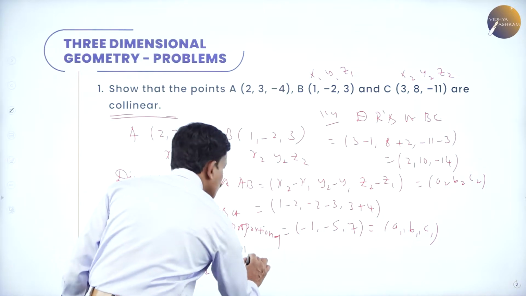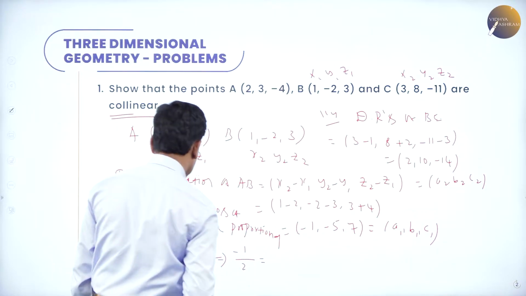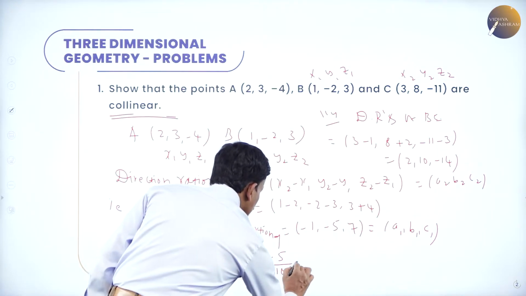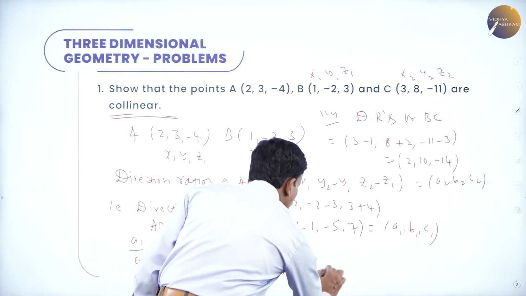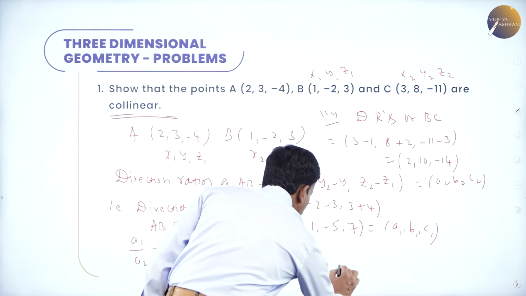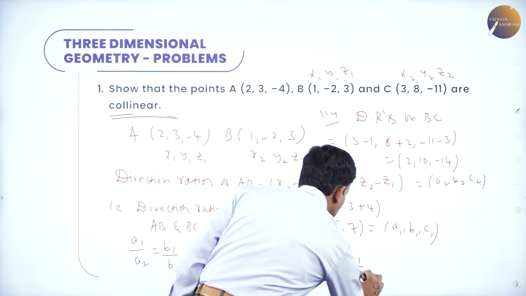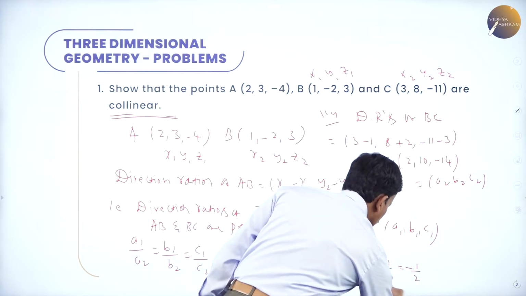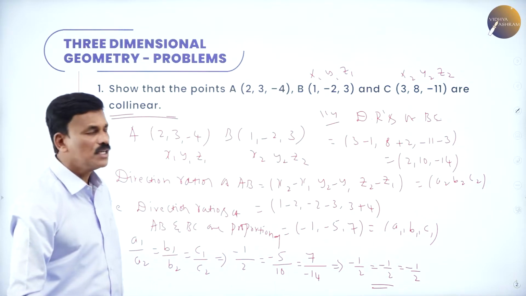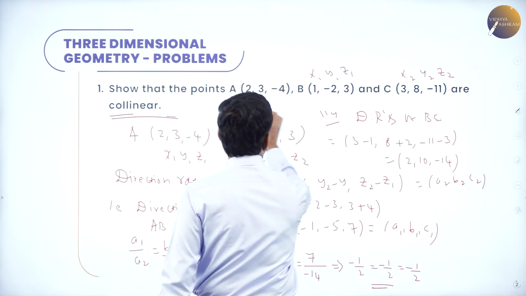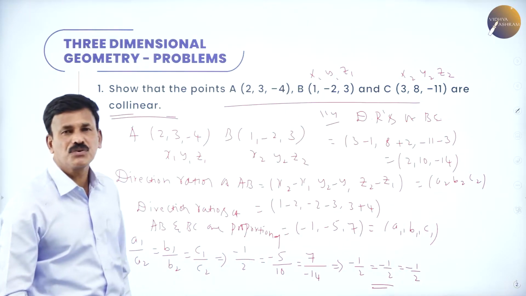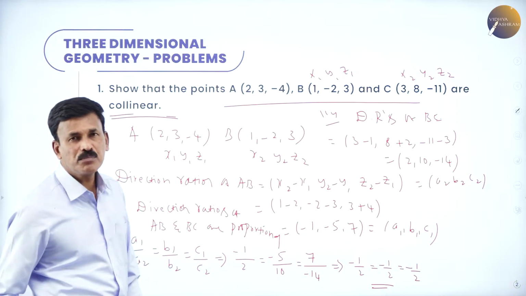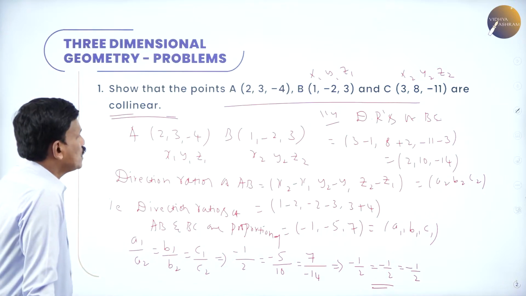A1 is minus 1 divided by A2, which is 2, is equal to B1, which is minus 5, divided by B2, which is 10, is equal to C1, which is 7, divided by minus 14, which implies minus 1 by 2 is equal to minus 1 by 2 is equal to minus 1 by 2. So the direction ratios are proportional and equal. Therefore the points A, B, C are collinear. That's it.